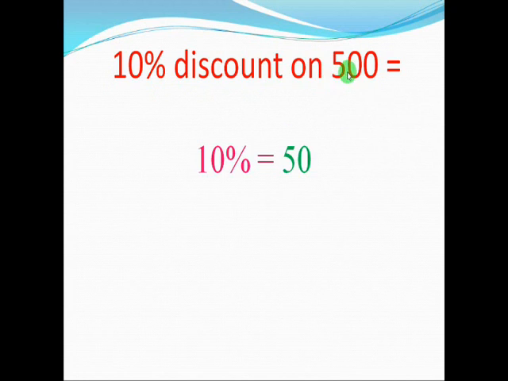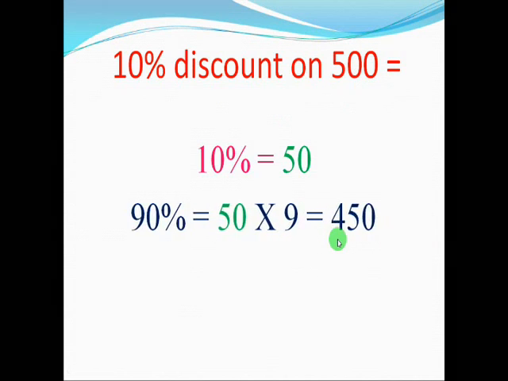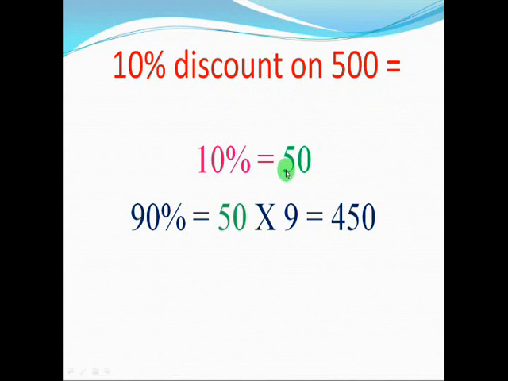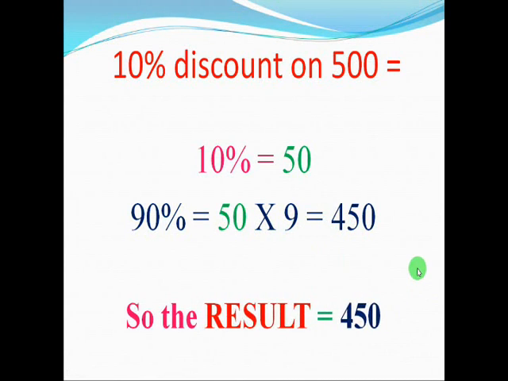So we get the answer by calculating 90% of 500. As 10% equals 50, 90% is 50 into 9, that is 450. That's the answer. Let's see it using a trick.